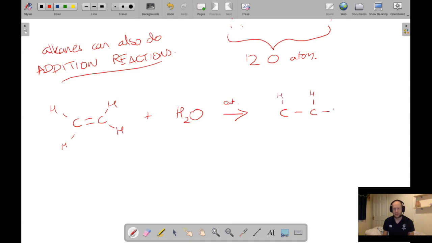So that double bond opens up, it sort of breaks apart the double bond, and one of the hydrogens from the water will go here, and the OH from the other side of the water will go here, and will make a chemical called ethanol.